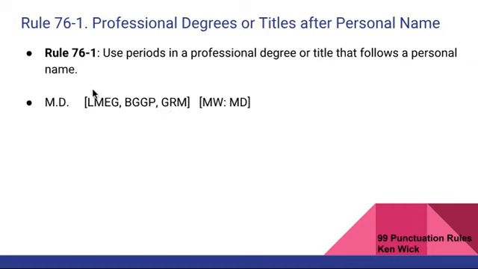So the style guides, which are a few years old now, have it with the periods, and now the most current edition of the Merriam-Webster's dictionary has it without. Maybe in a few years this will become the standard. D.D.S., once again, the style guides, the LMEG, BGGP, GRM have it with the periods. Merriam-Webster's actually has it without.